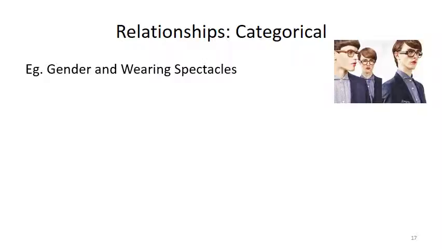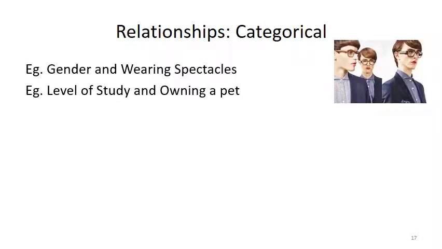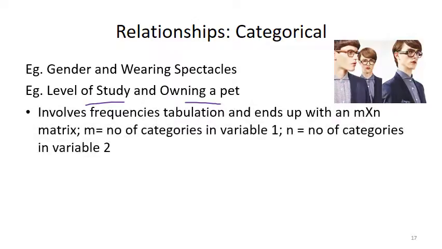So gender, you have male, female, and wearing spectacles, you probably just have yes or no. For example, level of study and owning a pet. So it is categorical: level of study, owning a pet. You do not count it. So it's basically categorical variables.